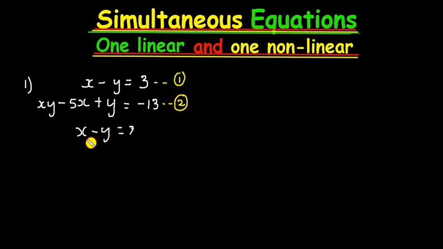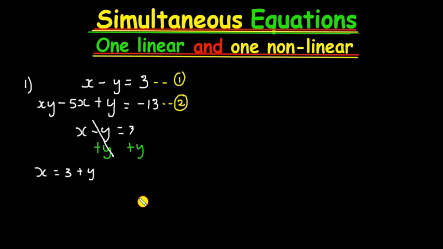If I want to make x the subject in this case, I simply add y to both sides of the equation. What happens? We get rid of y here. So what we have left is x equal to 3 plus y. Now we have made x the subject.